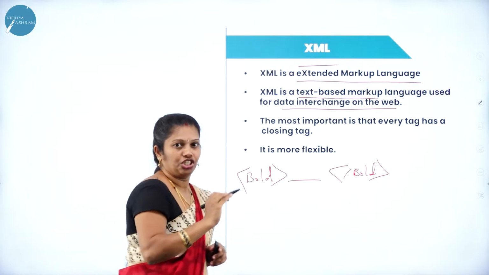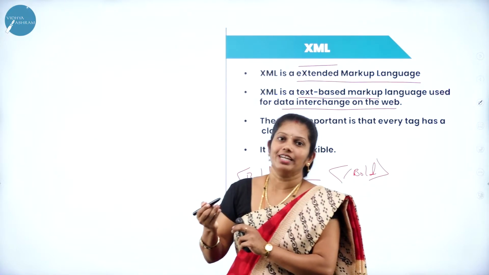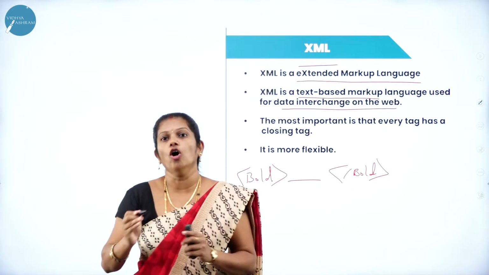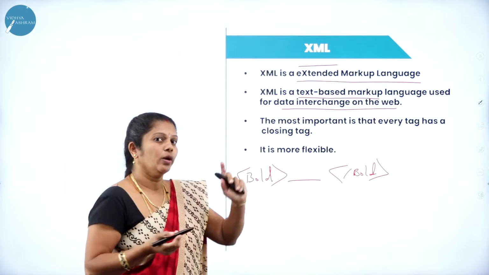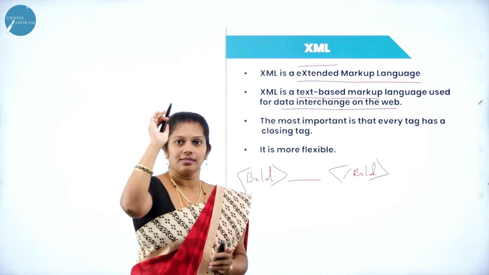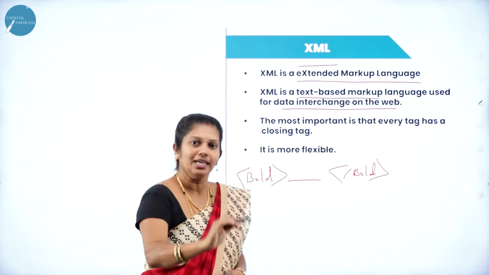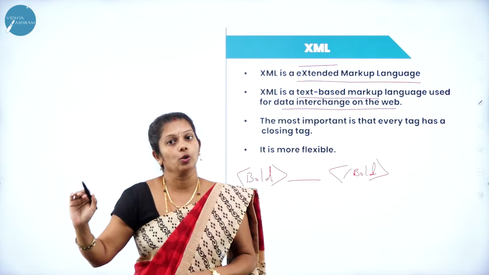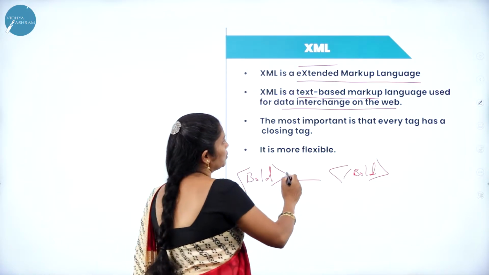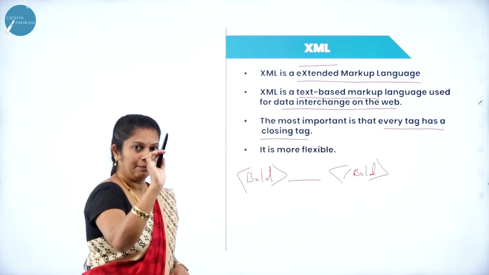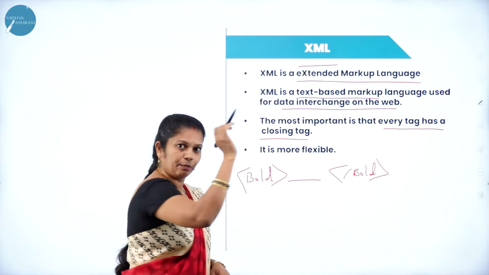And in HTML, for a few tags, we do not require a closing tag, like the paragraph tag and BR tag. There it is optional to close, isn't it? Whereas in XML, it is compulsory to use a closing tag also. If you use an opening tag, then it is compulsory to use a closing tag. Here it is most important that every tag has a closing tag. Compulsory. If I use a bold tag, then I must close it.